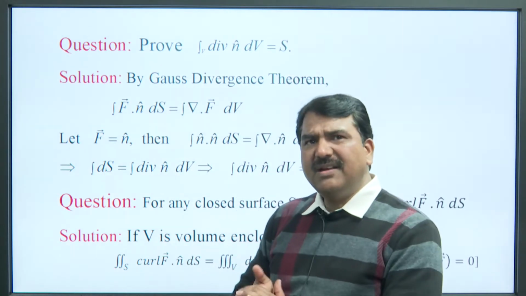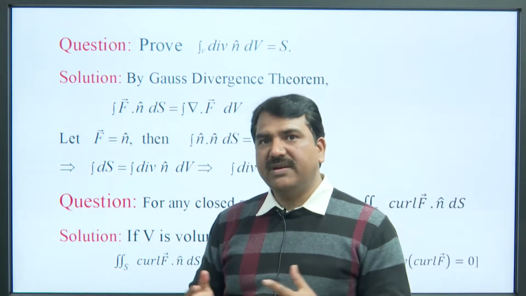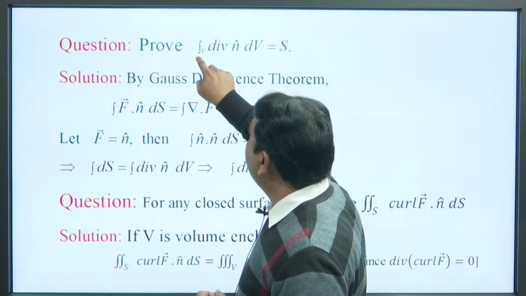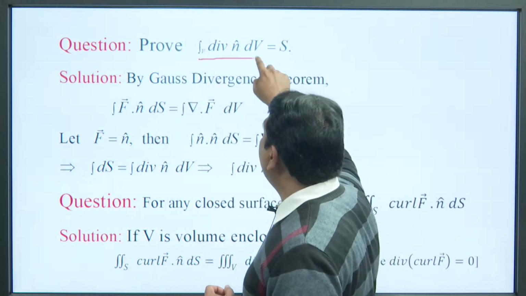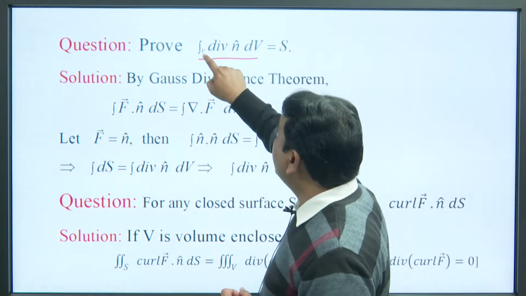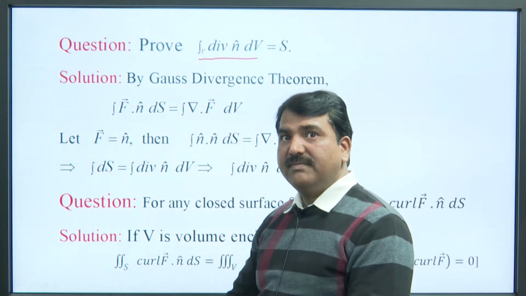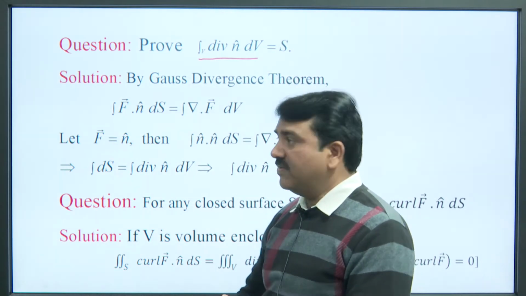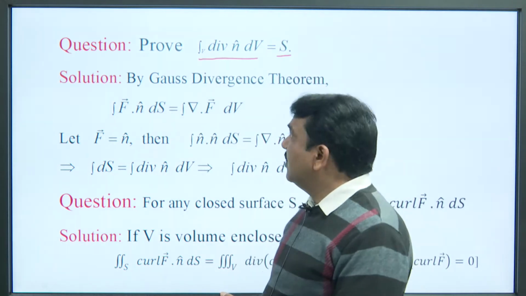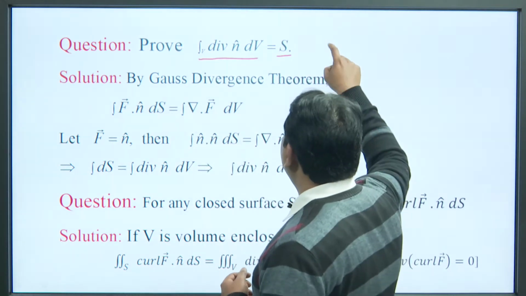Now, let us apply the divergence theorem to evaluate certain integrals. Here, we want to prove that the volume integral of divergence of unit normal vector n over the volume V, what will be its value? Its value is the surface S. So, as we know, what is the Gauss divergence theorem?